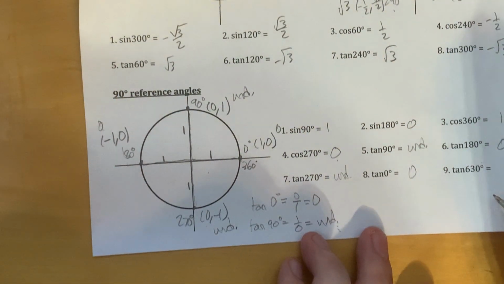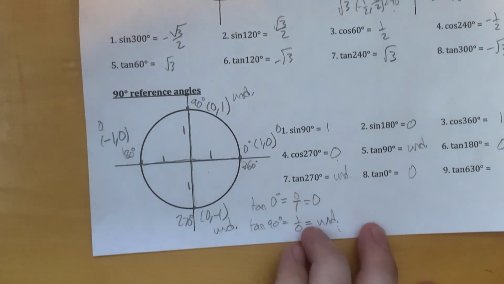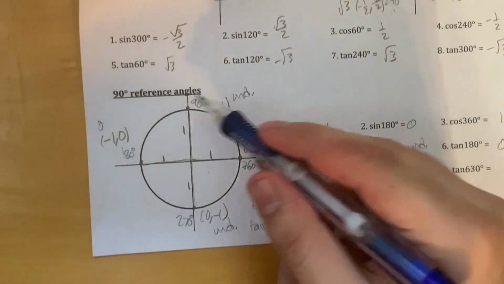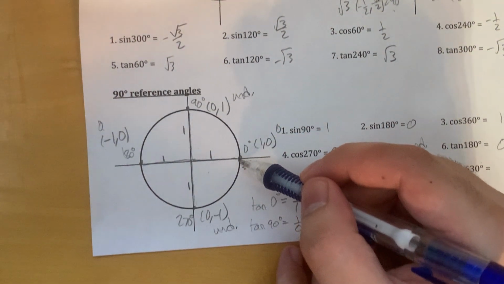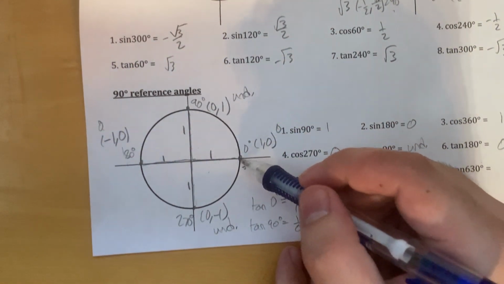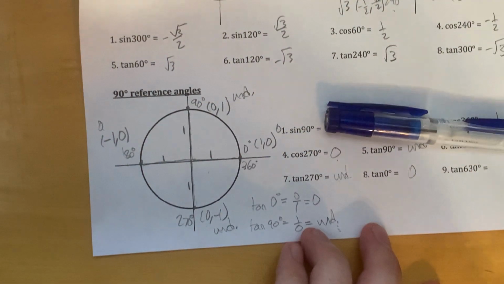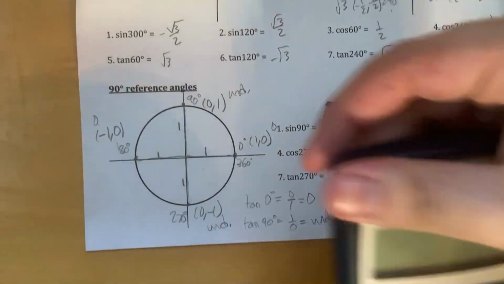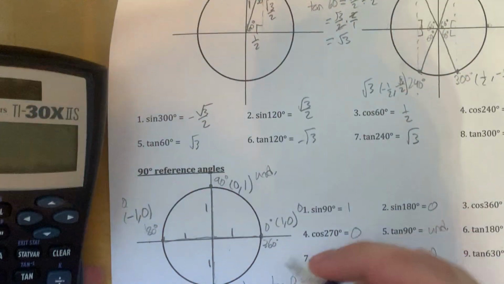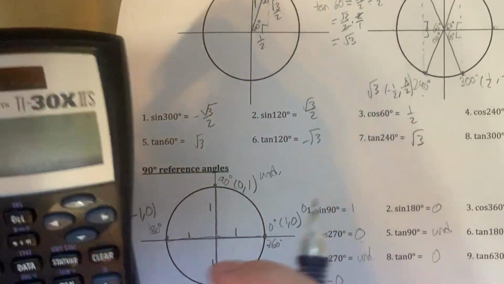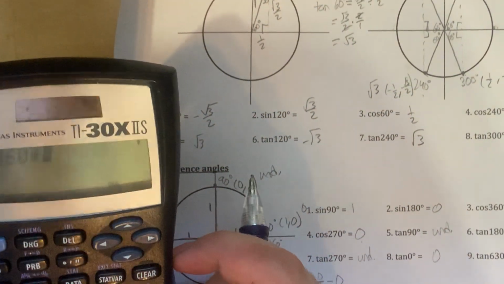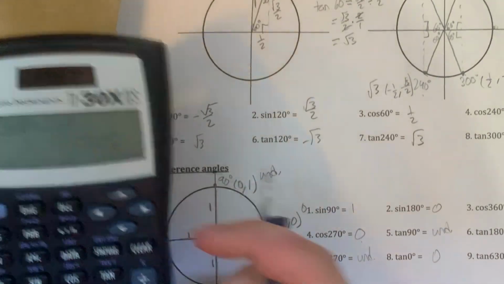All right, so tangent of 630 degrees. This one's a bit tricky because we're up to 360 degrees. What happens if we go another 360 degrees? It starts over. Once you hit 360, it starts over. So we do 360 plus 360, you get 720.